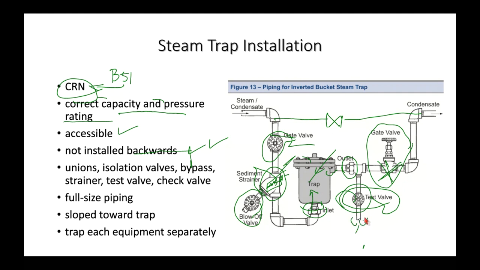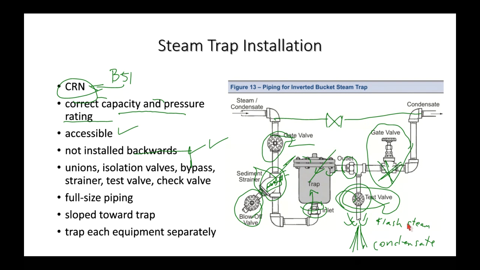When I open up the test valve, I will see some flash steam come out, yes, but it'll be a fairly small amount of steam. Mostly what I'm going to see is condensate discharge. The flash steam will be a smaller component, but if I see billows of steam just pouring out, like steam just blasting out like I've got an open steam line, then I know that the trap is passing steam. It's not closing correctly.